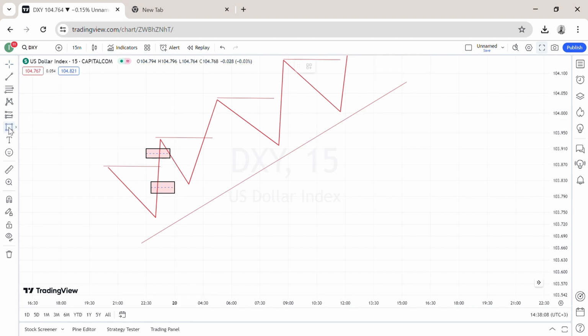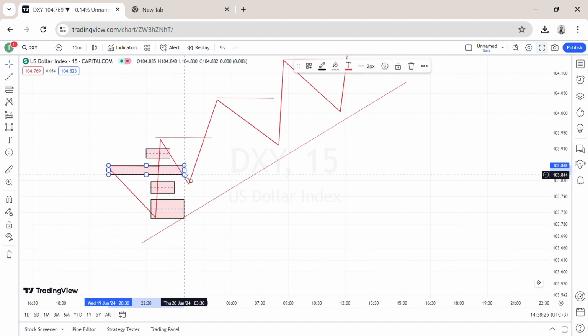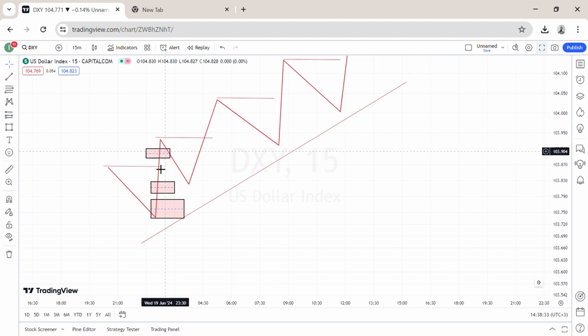And assuming there is an order block right there, and maybe right about there it is a mitigation block or a breaker block, which will you choose? Now, let me delete this. Which will you choose?